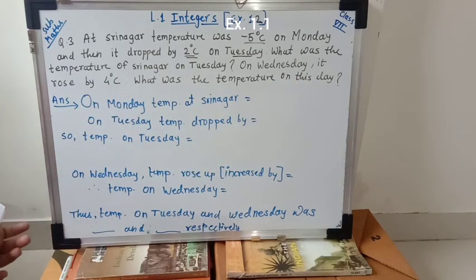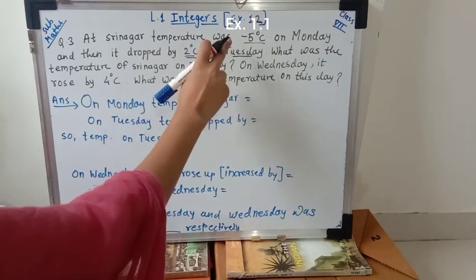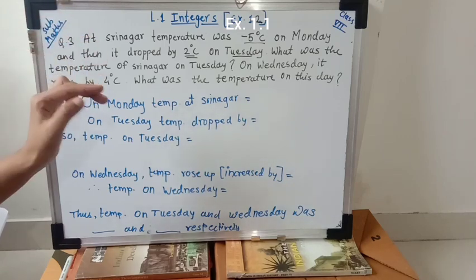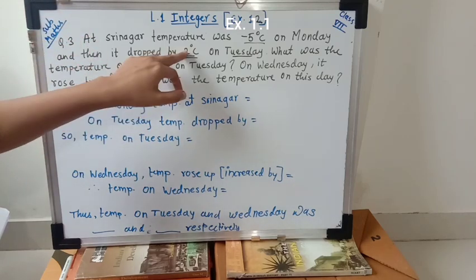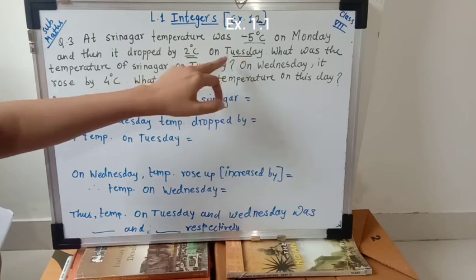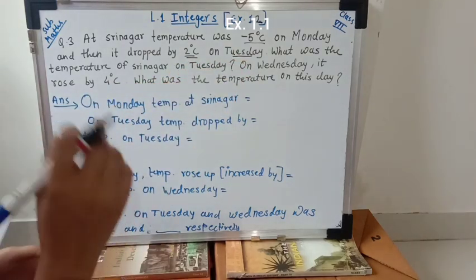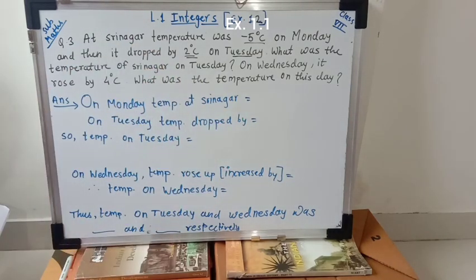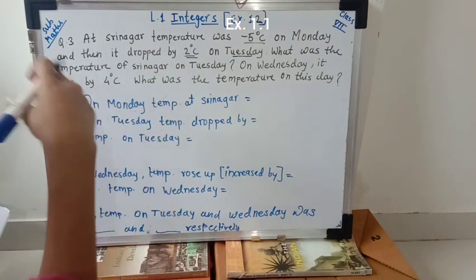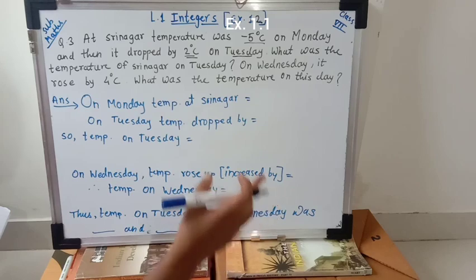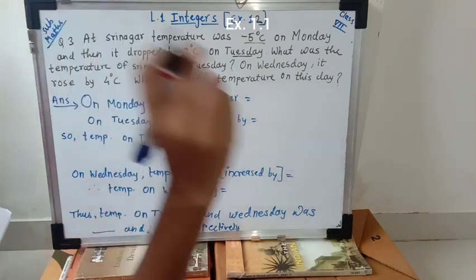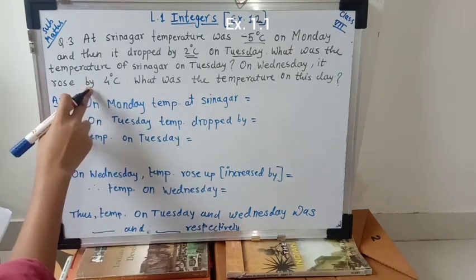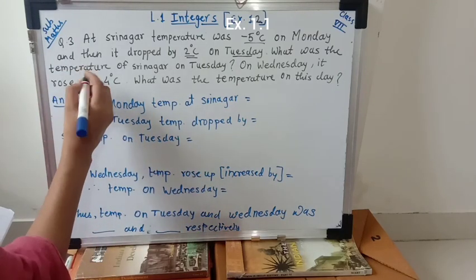At Srinagar the temperature on Monday was minus 5 degrees. The same temperature, minus 5 degrees, dropped by 2 degrees Celsius on Tuesday. So what was the exact temperature on Tuesday at Srinagar? That we have to find out. After dropping the temperature on Tuesday, that temperature of Tuesday is increased, meaning rose up.